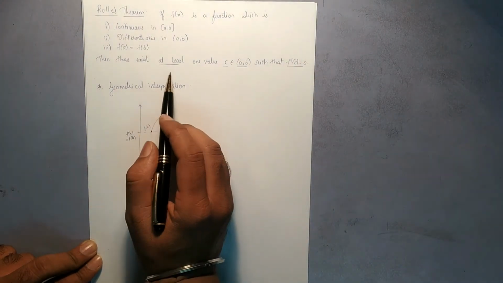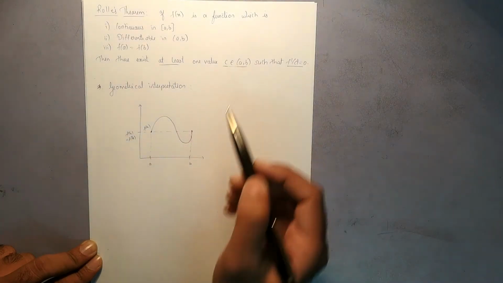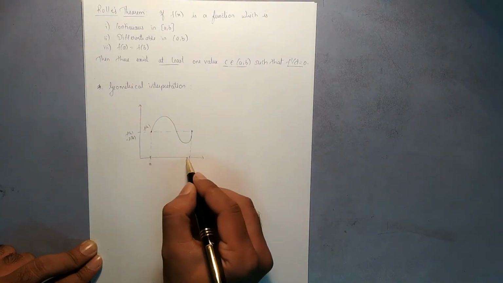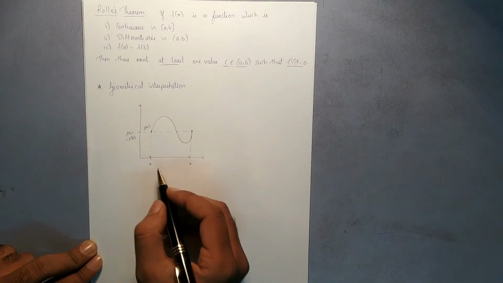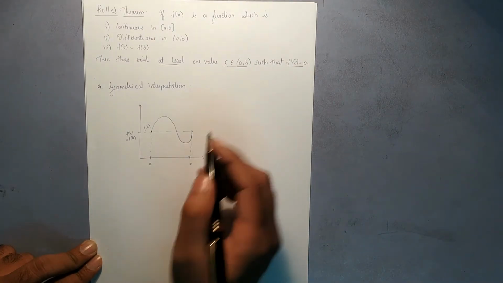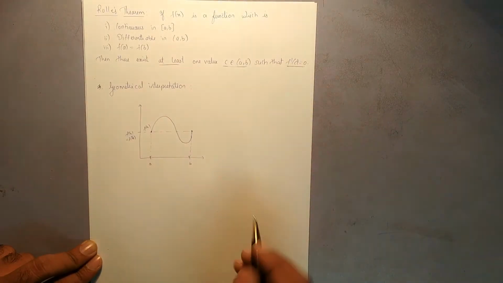Now Rolle's theorem states that there is at least one point which belongs to the open interval (a, b), meaning there is at least one point c at which the derivative of the function is equal to 0. We know that the derivative of the function is the slope of the tangent at that point.